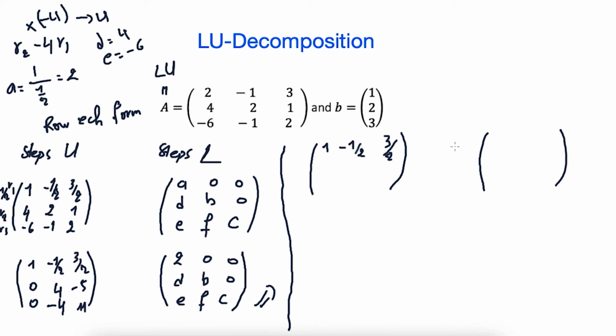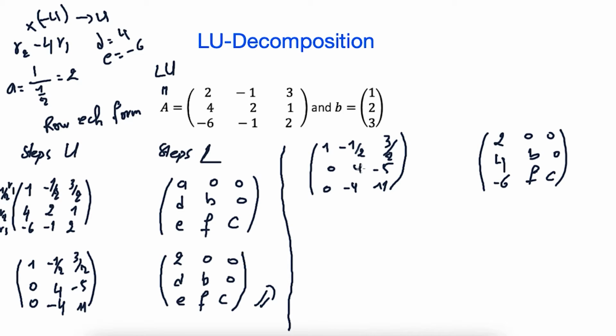So here we get 2 0 0, and this D now is 4, and this E now is -6, and we still want to get B and F and C. So here we get 0 4 -5, and here 0 -4 and 11.